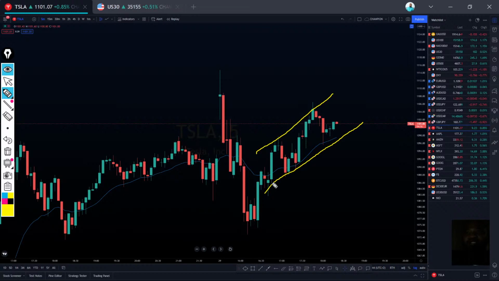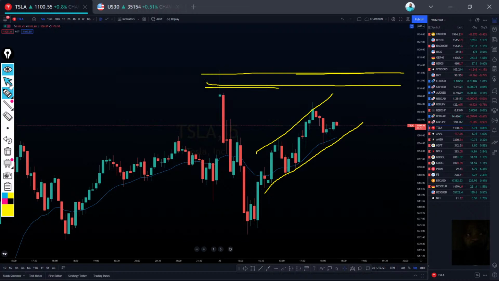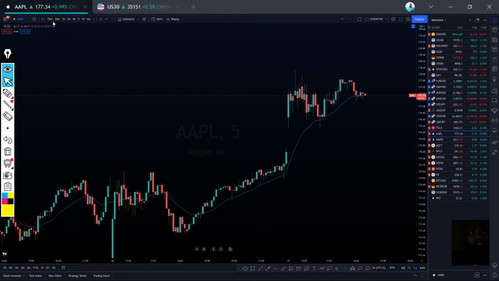Tesla is pushing towards the upside slowly but surely towards this area. And let's look at Apple. Let's just take a peek at Apple. Yeah, Apple is also bullish today. Let's look at it in a bigger time frame. Apple is also bullish. Wow.